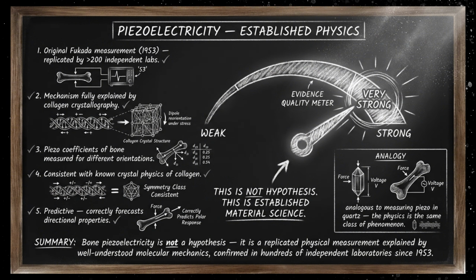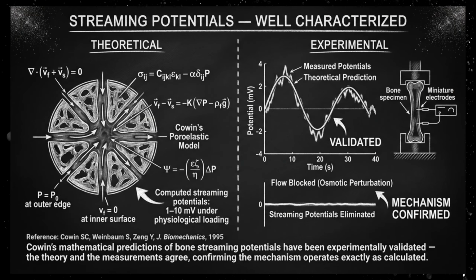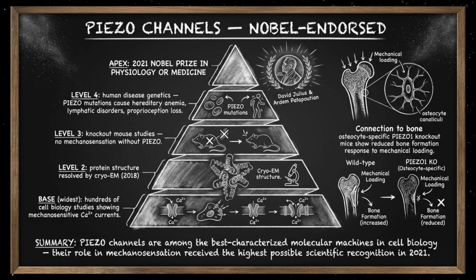The mechanism by which externally applied pulsed electromagnetic fields work at the cellular level remains under investigation. The external field may induce eddy currents within the bone tissue that mimic streaming potentials at the canalicular scale, impersonating the signal that mechanically driven fluid flow would normally produce.